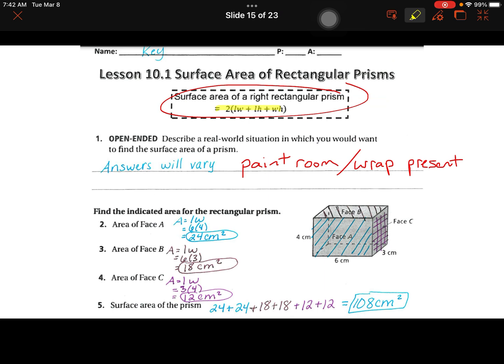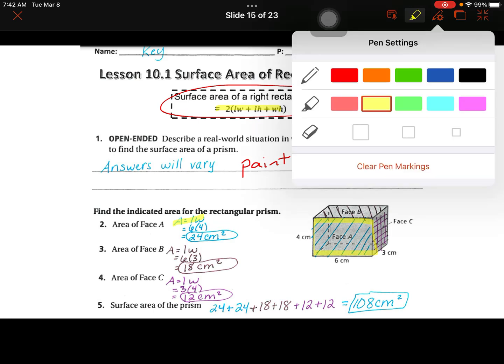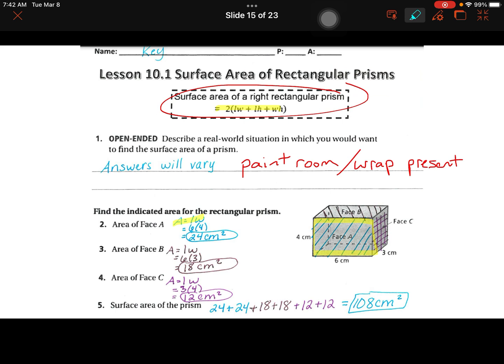And so if you notice, the length and the width is face A, which is the front face, and it is 24. If we trace it, it's 24 square inches. If we look at face B, face B was the top and the bottom, and it was, once again, the length and the width.